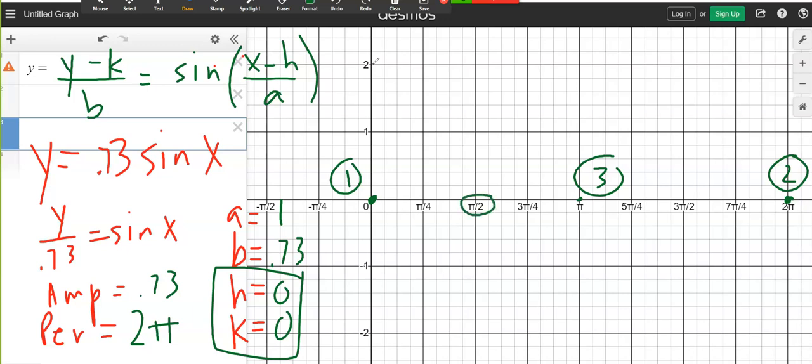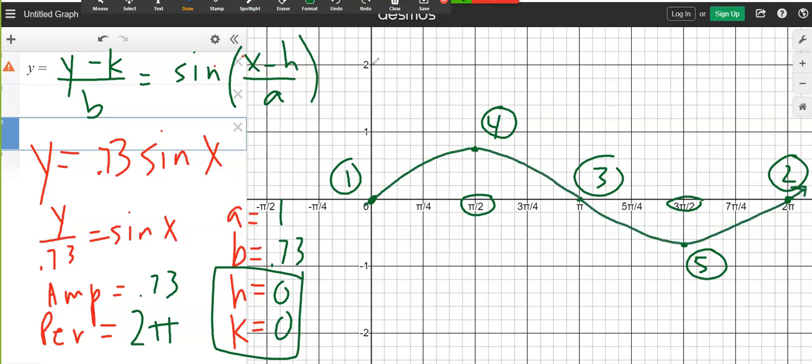So halfway at pi over 2 is 0.73. Yeah. And then negative 0.73 over here. Yes, that's true. Got it.